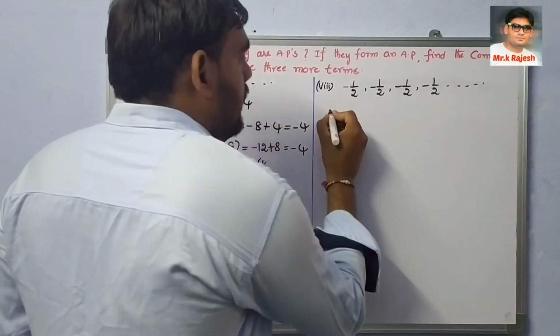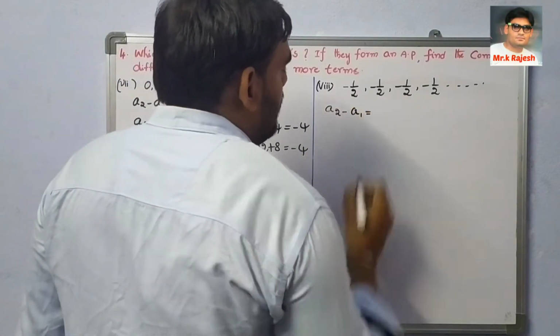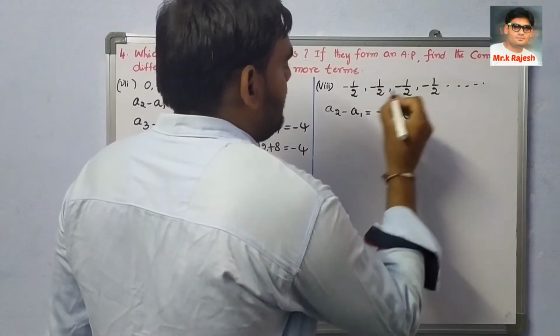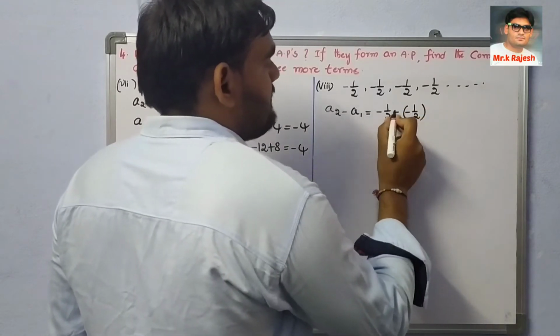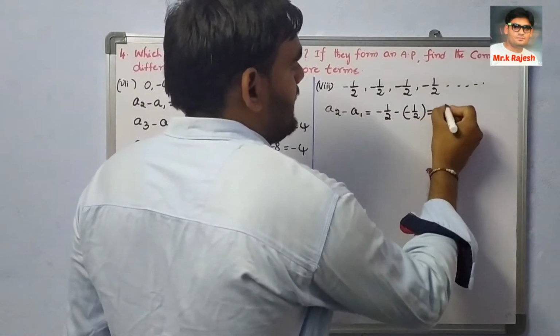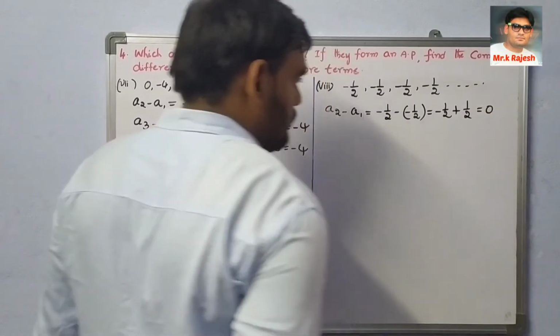So here A2 minus A1 is equal to, A2 value is minus 1 by 2, minus A1 value, which is also minus 1 by 2. So minus 1 by 2, minus into minus, plus 1 by 2. So minus 1 by 2 plus 1 by 2 is equal to 0.